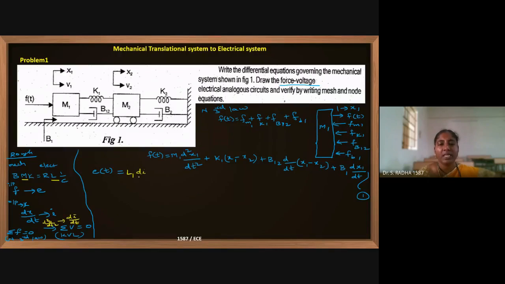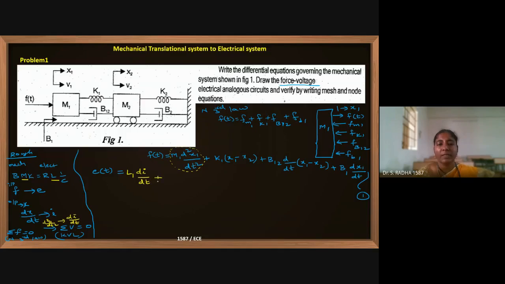So I am writing di by dt. I have written the first term in terms of electrical: for M1, L1, and d square x by dt square means the first order derivative of current.